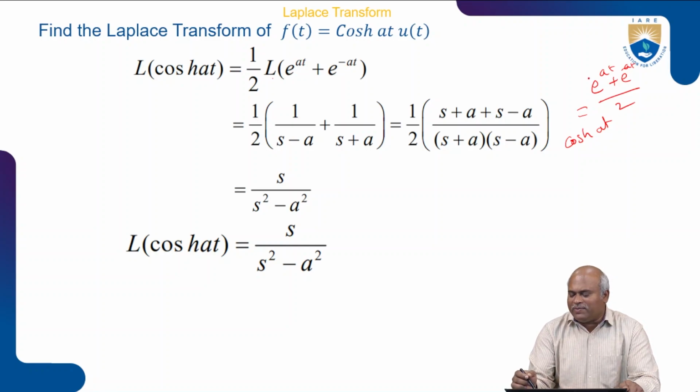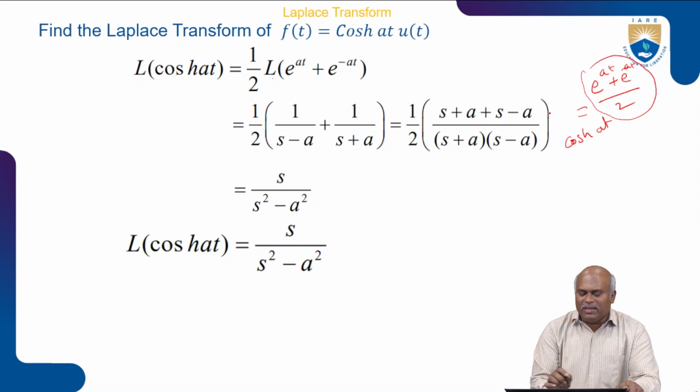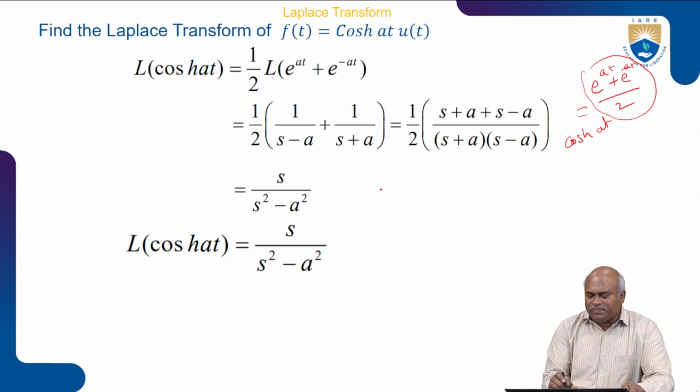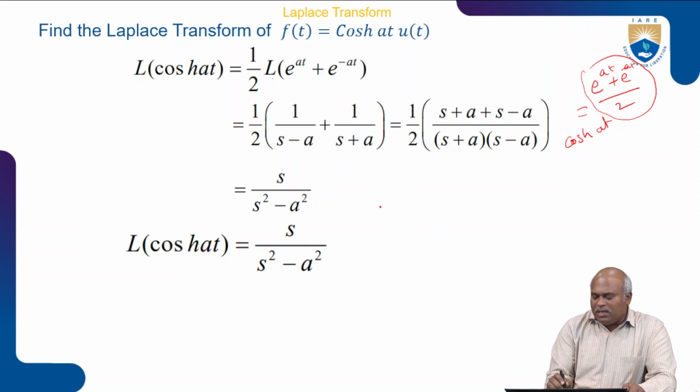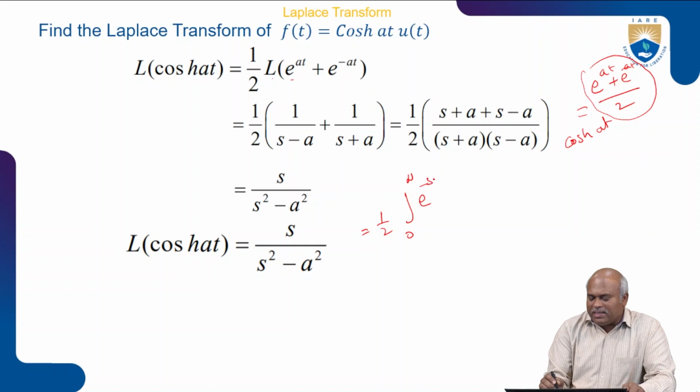I apply the formula for the Laplace transform. So 1 by 2, I write here the integration from 0 to infinity of e power minus st times e power at.